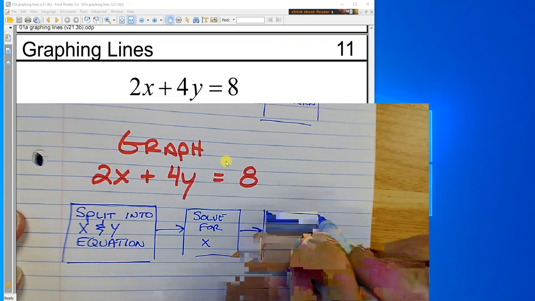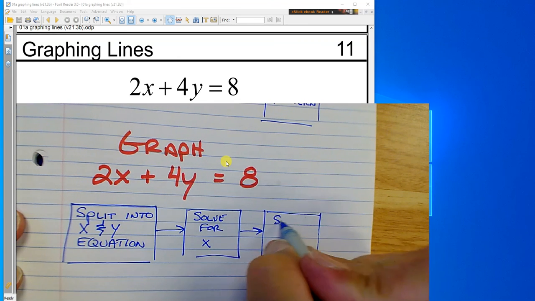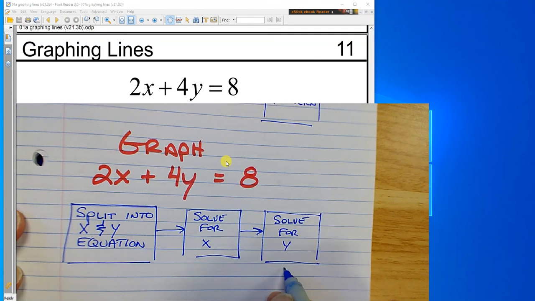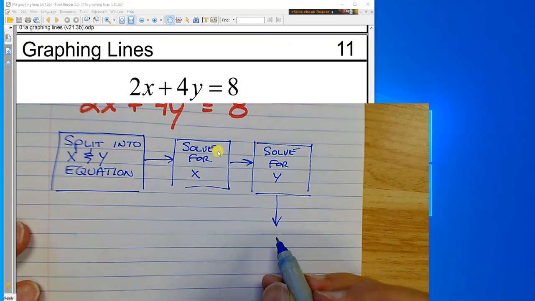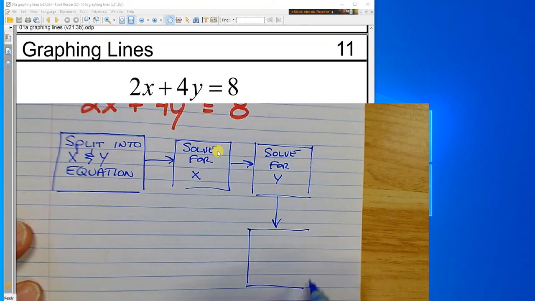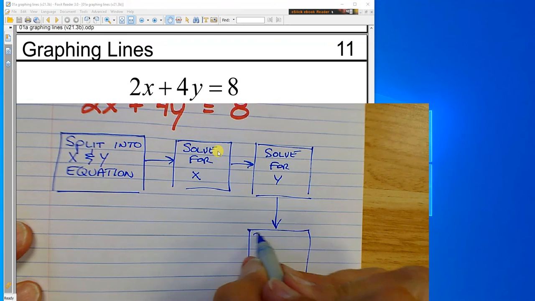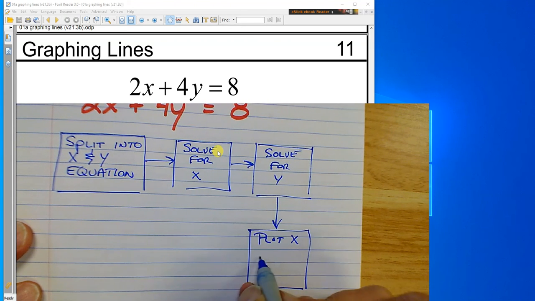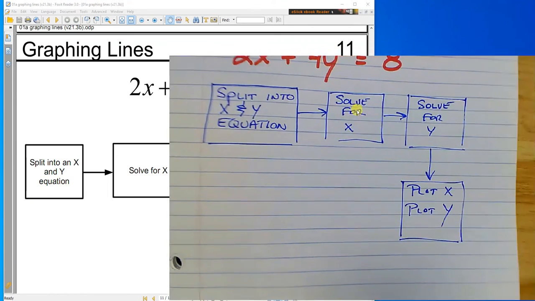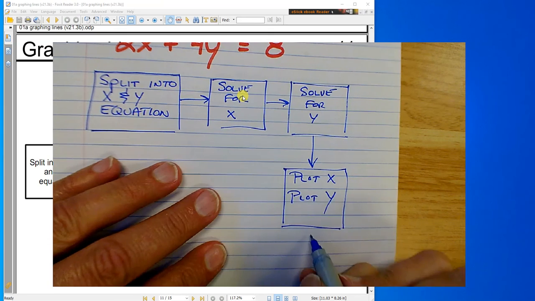We'll solve it for y. And then we'll graph the x, graph the y, and connect the dots. So plot the y-intercept, plot the x-intercept, and then connect with a line.